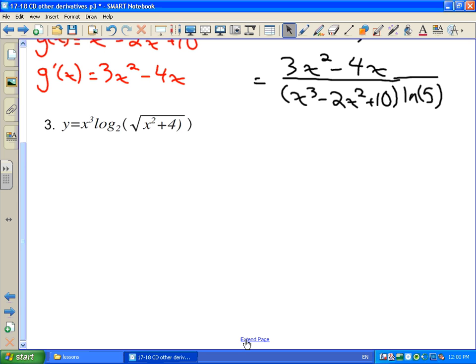So let's see. We know we're using product rule. So we know our derivative is going to be, we've got to have a u, and we've got to have a v. V here is complicated enough that we might as well just use the derivative of v all by itself. So if v is log to the base 2 of this whole thing, let's just write that out. Log to the base 2 of x squared plus 4 to the 1/2.